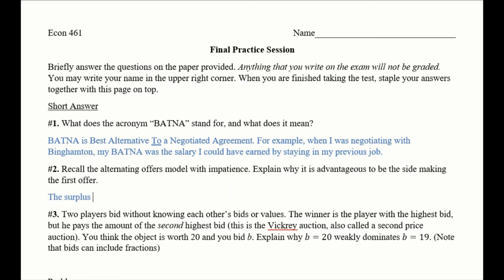So the way these alternating offers models work is that each time that no deal is reached, the surplus diminishes. That's going to make both players eager to reach a deal. So as a result, you can propose a deal in your favor because the other side wants to get a deal quickly. They don't want to see the surplus fall. They can still accept a deal that is biased in your favor.